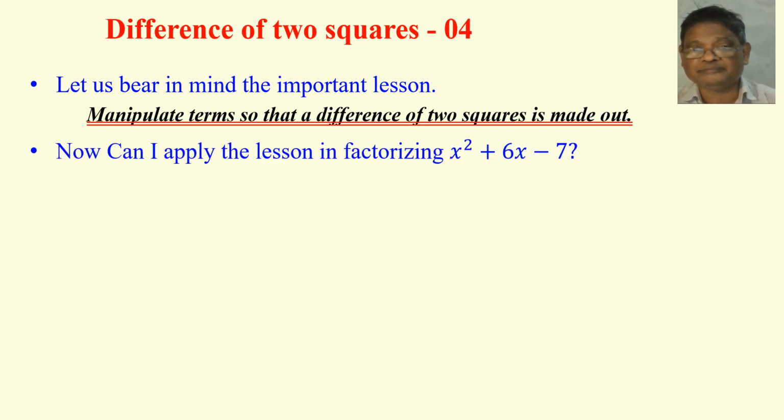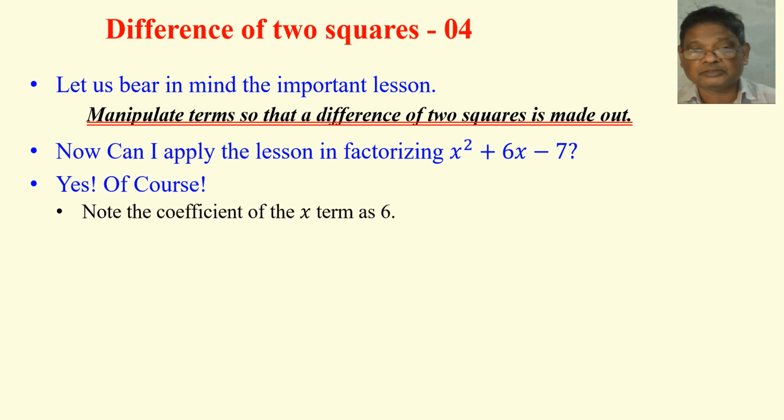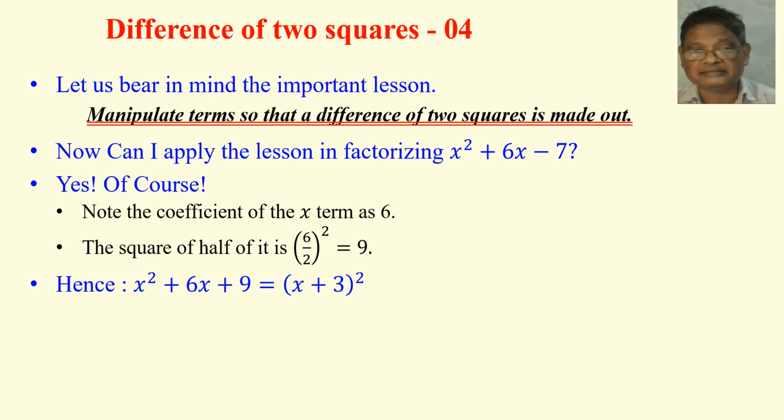Now, can I apply the lesson in factorizing x squared plus 6x minus 7? Yes, of course. Note the coefficient of the x term as 6. The square of half of it is 9. Hence, x squared plus 6x plus 9 is equal to (x plus 3) whole thing squared.